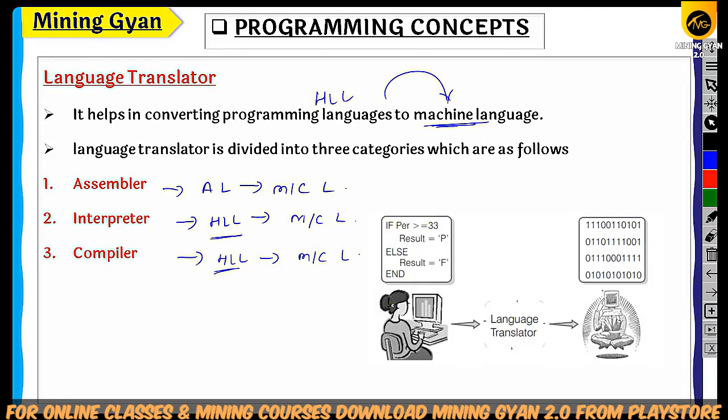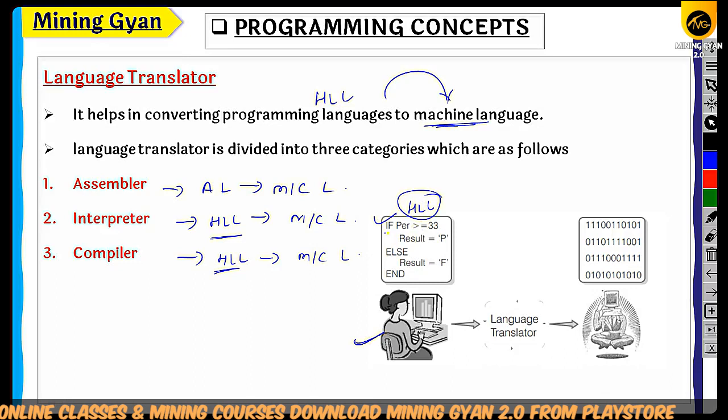So imagine the programmer can write any kind of program in a high level language. Suppose these are the codes in the high level language, but the computer cannot understand these codes.